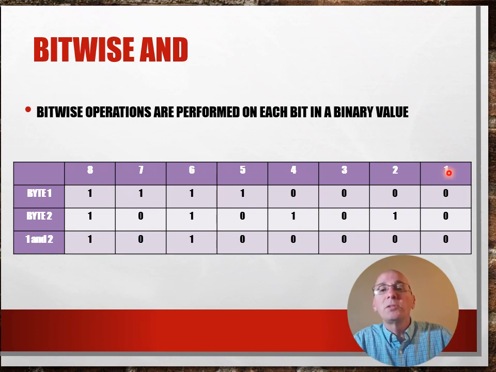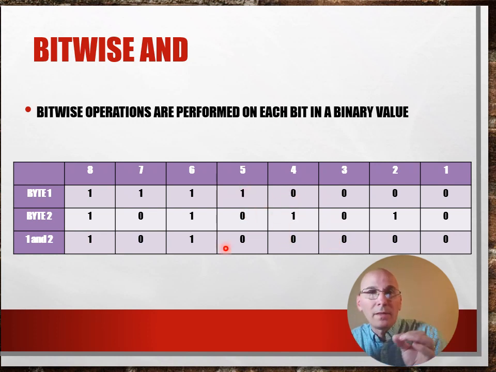I'll go into the first bit and it'll remember a 1 is true, a 0 is false. So here it's going to look at these bits and say 0 and 0. 0 and 0 is false and false, so the result is false. With bit 2, we have a false and a true, so our result is a 0, false. Here we have a 0 and a 0, false, 0 and 1, false, 1 and 0, false.